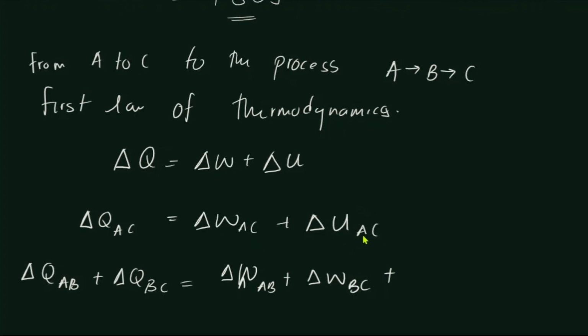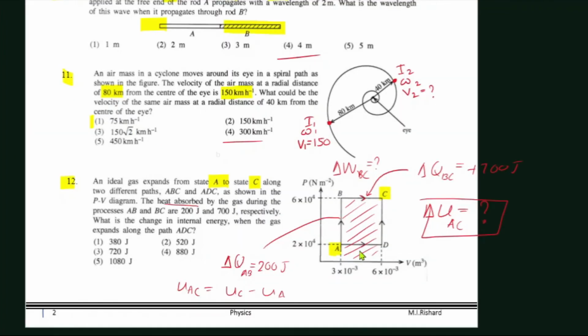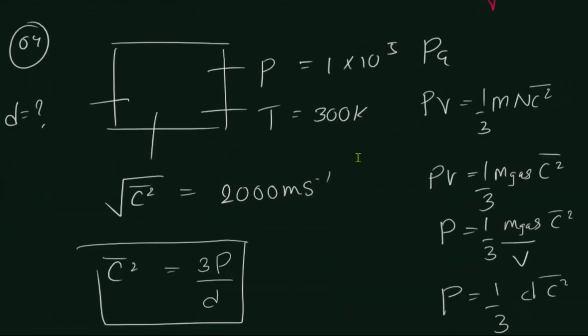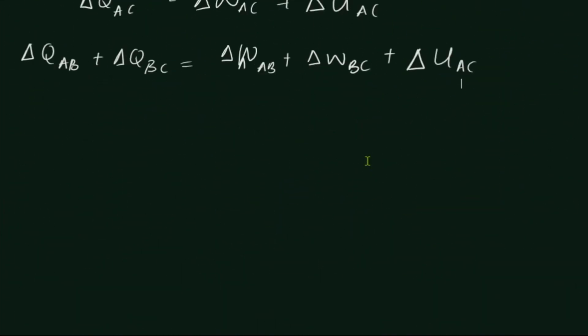No, because that is what they are asking: the internal energy change from A to C. So I will leave it as it is. Delta Q AB they have given, 200 joules, and delta Q BC is also given, 700 joules, right? It's given.